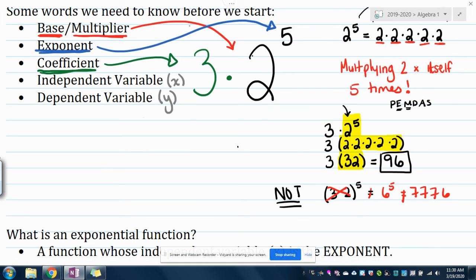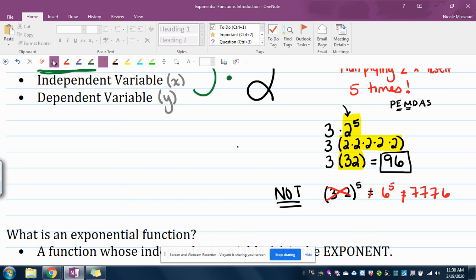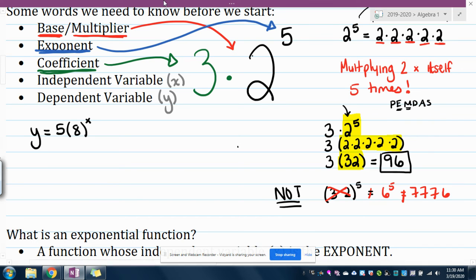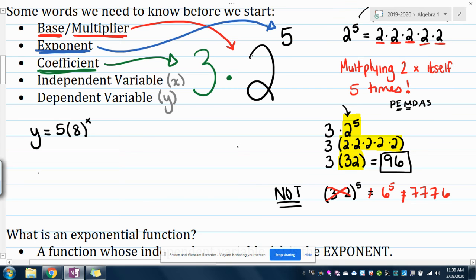Okay? So if I have a problem like this, y equals 5 times 8 to the x, I can label each and every one of these. So I know y is my dependent variable.